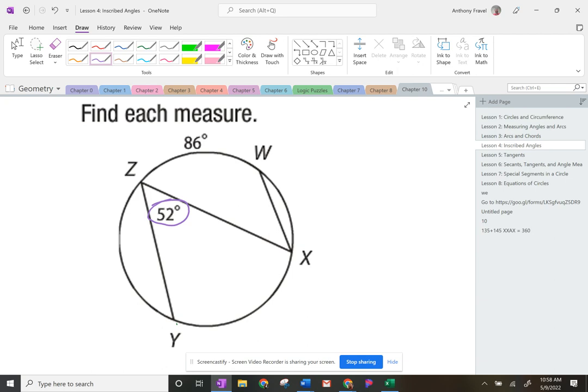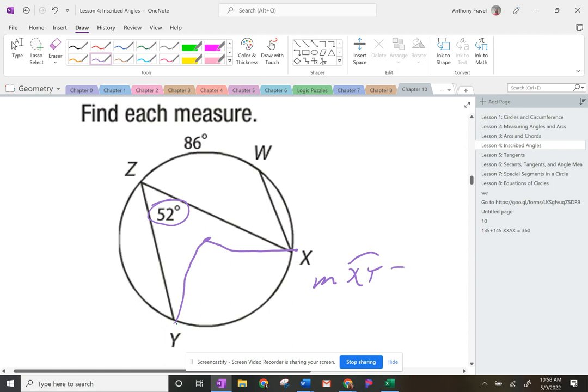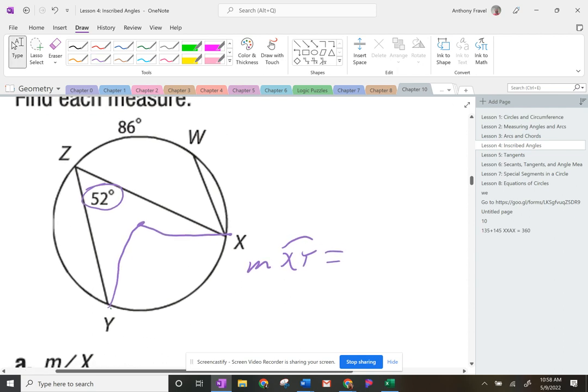So if angle Z is going to be 52 degrees, it's going to want me to find the arc for X, Y. So if I want to find the measure of arc XY, thoughts on what I do? Any? Yeah, you said it. Multiply by 2. I'm going to take 52 times 2. So the measure of XY is going to equal 104 degrees.